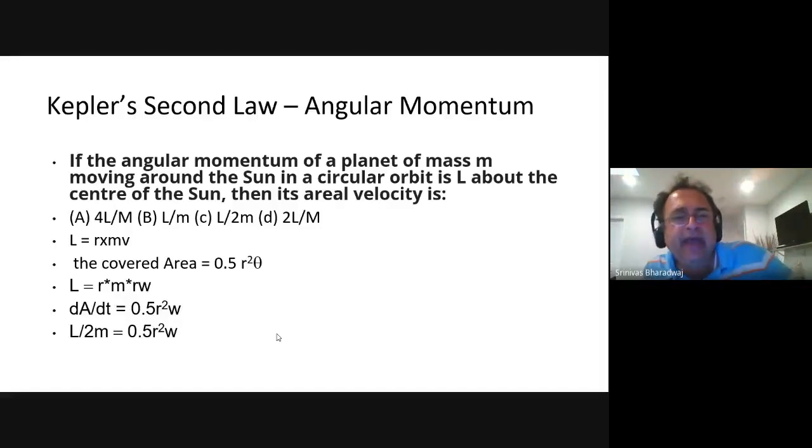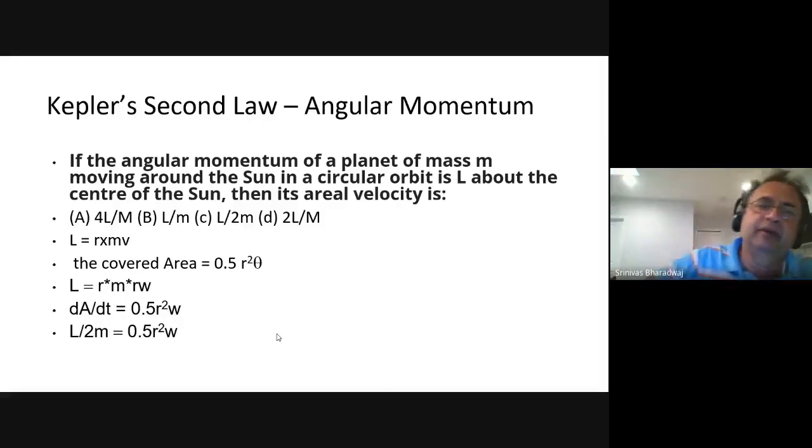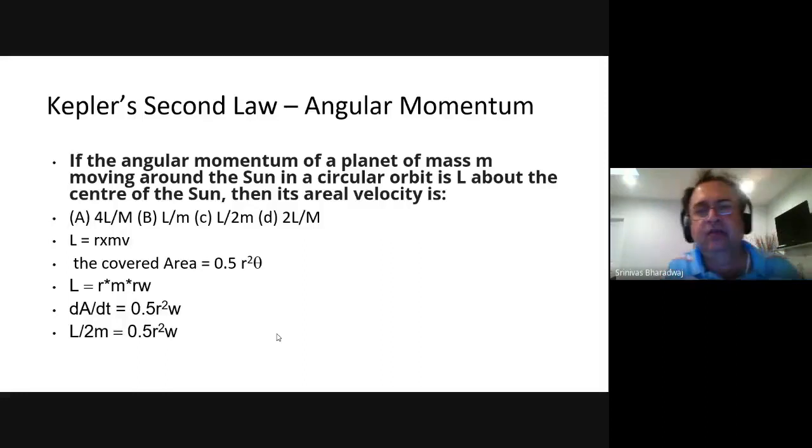Okay. So for this question, he is saying that the angular momentum of a planet is L and its mass is m, then what is its areal velocity? Half r square omega is going to be what?